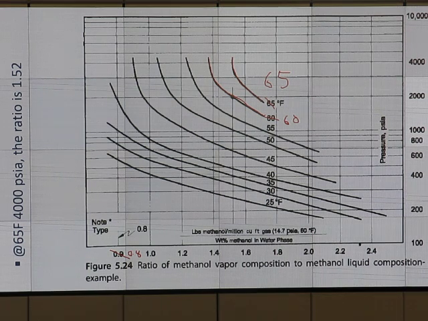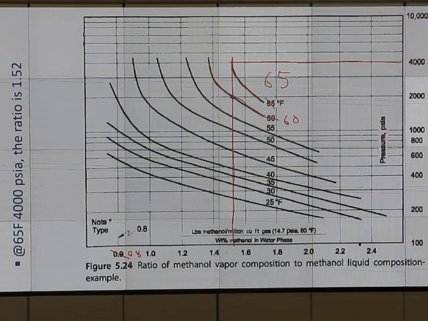This graph is to find how much methanol should be in the gas phase. Okay, how much should be methanol in gas phase? So we know that we have 40 and 65, right? At 4,065, you will have about 1.52.